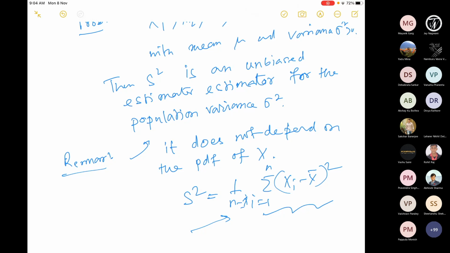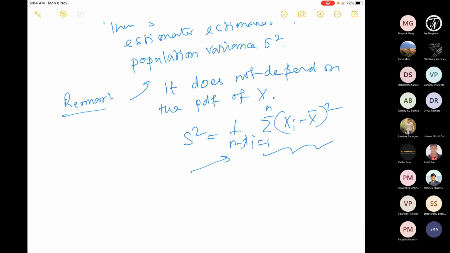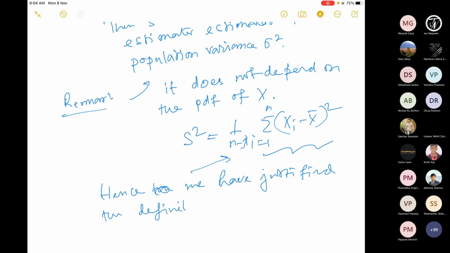Anyway, this is very, very important. This is an important observation. Hence we have justified the definition of sample variance: why do we take n minus 1 instead of n?